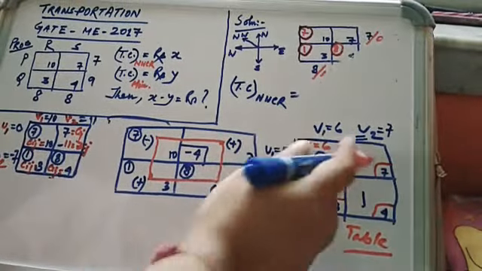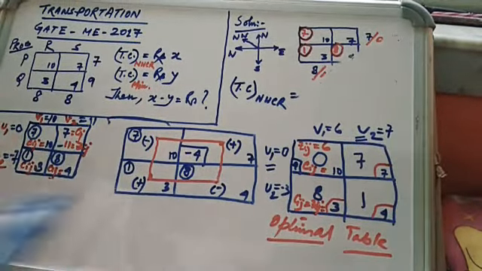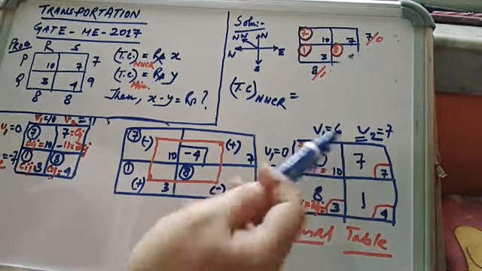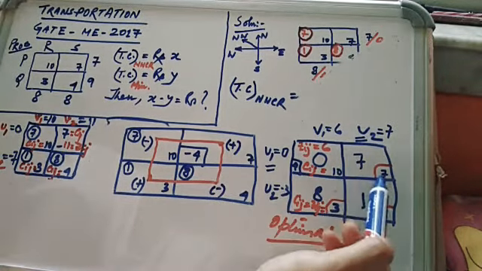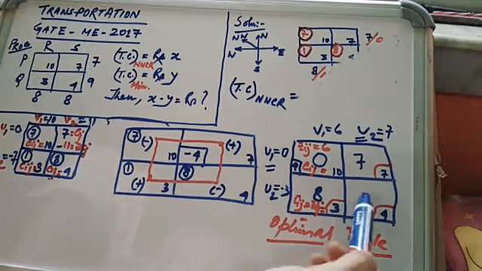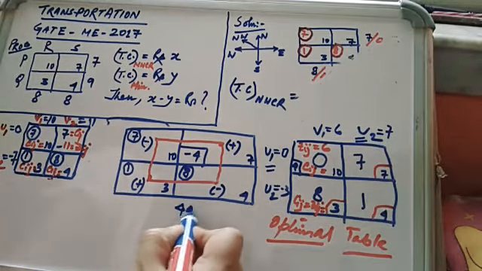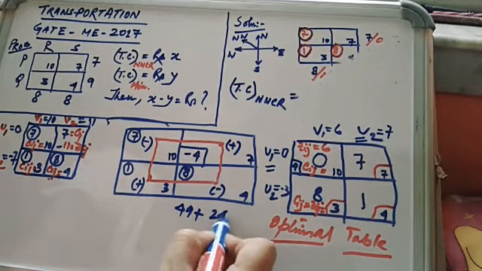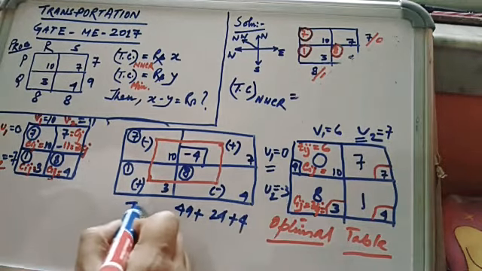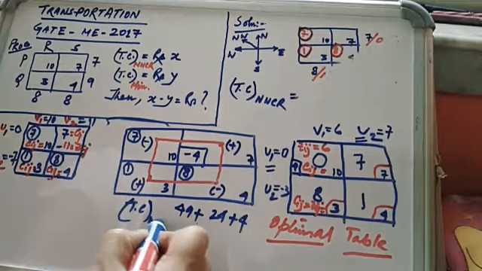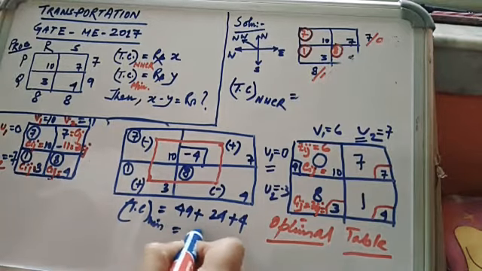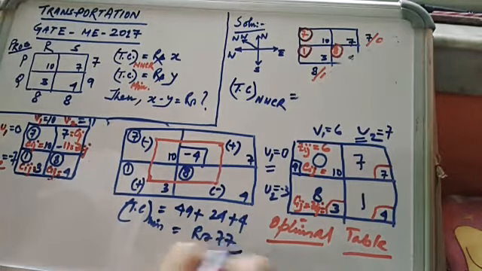If you see over here, these cells are the allocated cells. So 7 into 7 plus 8 into 3 plus 1 into 4 gives you 49 plus 24 plus 4. This is the minimum, equal to rupees 77.